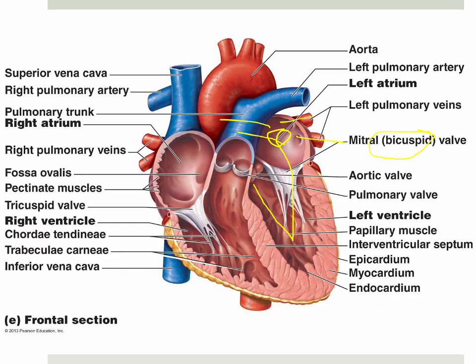Then the contraction of it is going to push the blood to and through the aortic valves to the ascending aorta, and then through the rest of the body, meaning that this piece here is part of the systemic circulation, and the resistance is greater there, and that's why you guys see that this ventricle here is thicker than the rest.